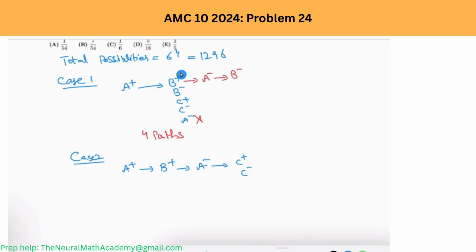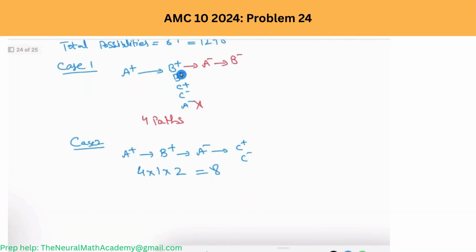So if I consider all of them, then the total options that I will get will be 4 multiplied by 1 multiplied by 2, right? Or I get then the 8 options.